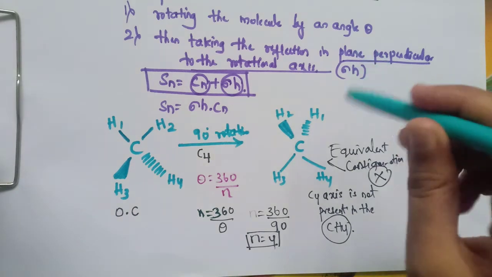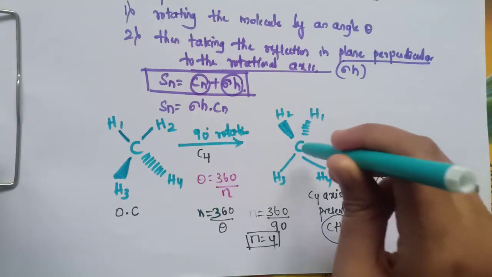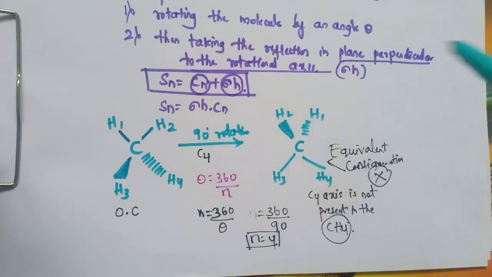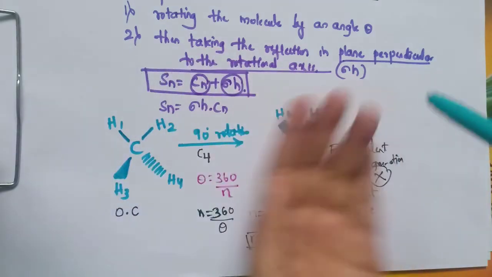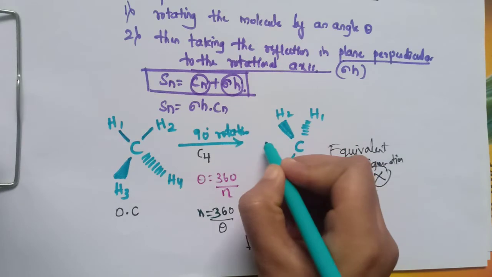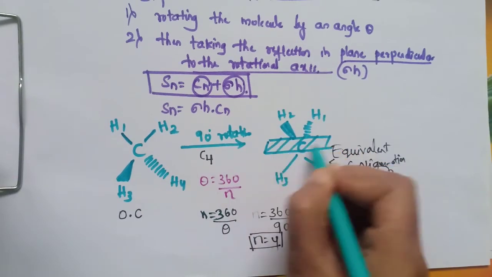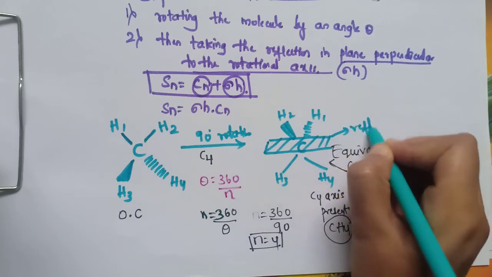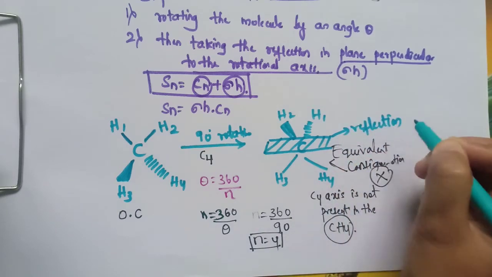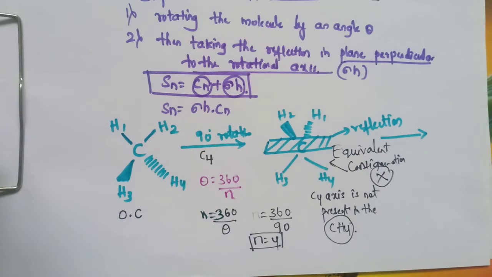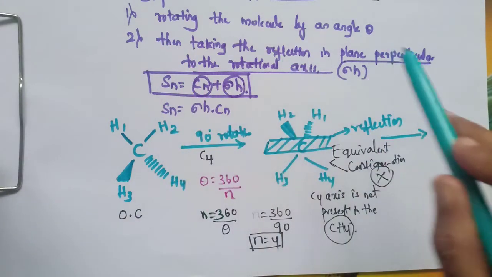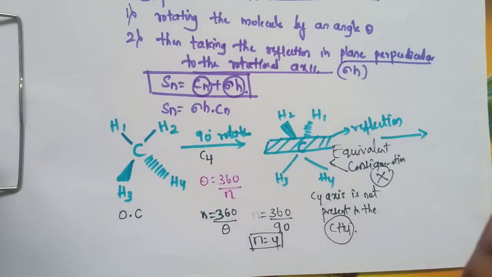See here, it is the principal axis, it is the rotational axis, and the plane perpendicular is this one, through this carbon. So let's take this reflection here, placing the plane here. This is the reflection. Here they said taking the reflection in a plane perpendicular to the rotational axis.